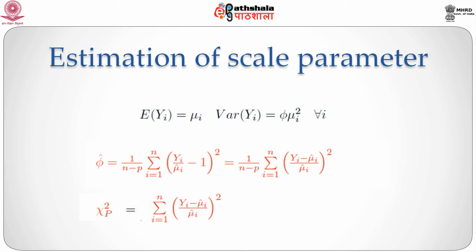Pearson's chi-square statistic for gamma regression is given by chi-square P equal to summation i equals 1 to n ((yi minus μi hat) by μi hat) whole squared, which means that the dispersion parameter is estimated from φ hat equal to chi-square P divided by n minus p.